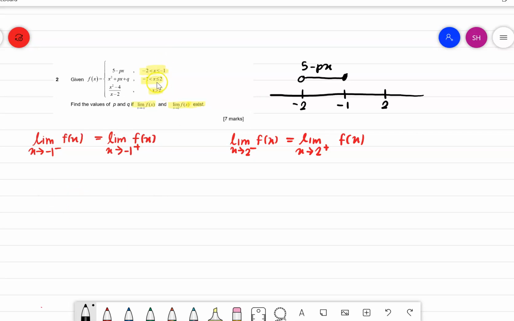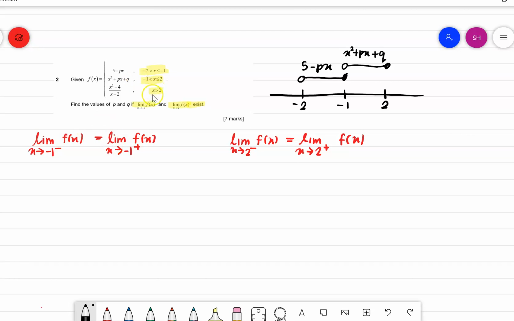And the second function, for x greater than -1 and less than or equal to 2, the function is x squared plus px plus q.